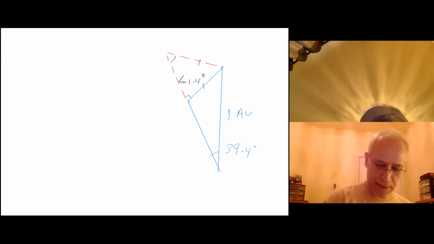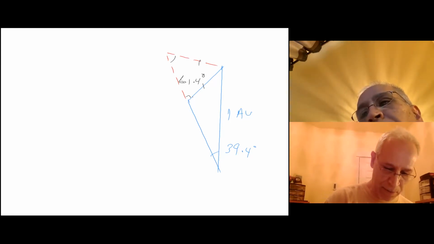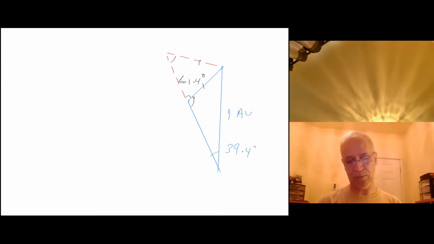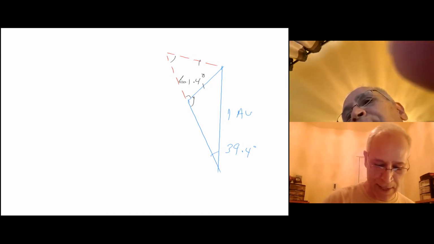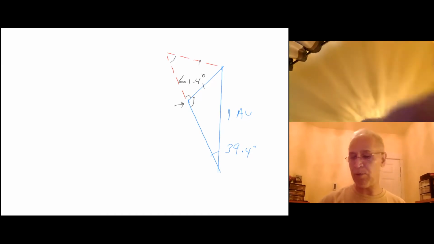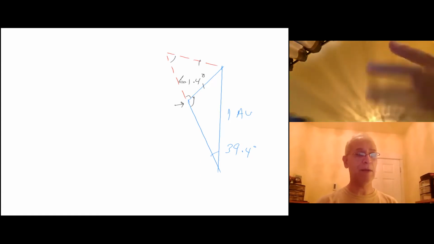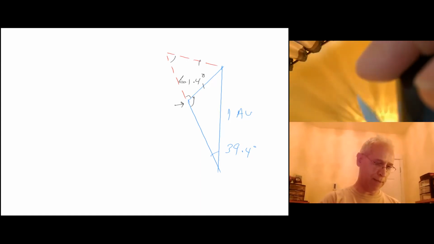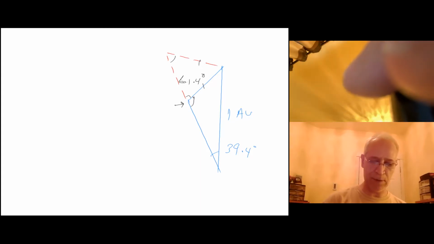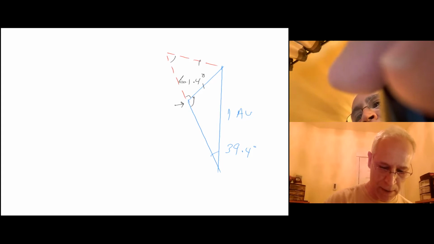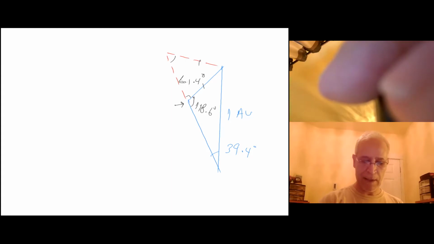If that's the case, how much is this angle? These two angles of 61.4 degrees and this angle right here should give me a total of 180. So 180 minus 61.4 gives me 118.6 degrees. Now look at the blue triangle.